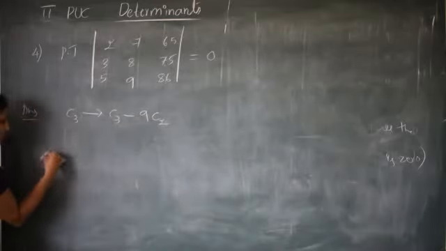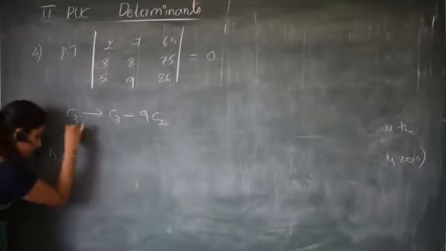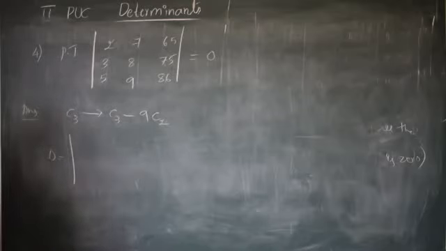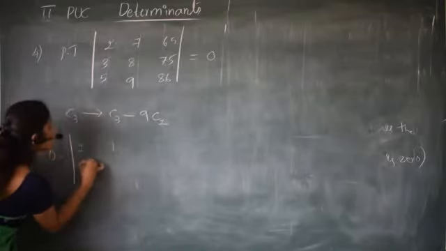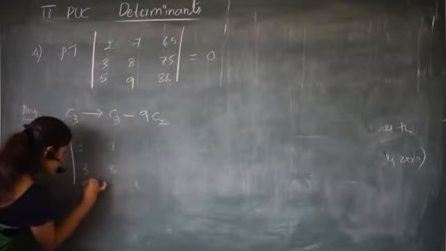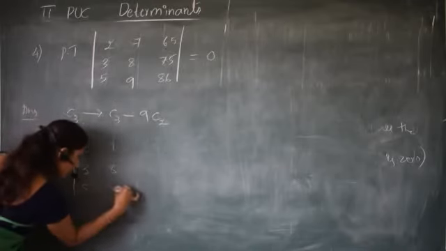Therefore, delta becomes: the first and second columns as they are, 2, 7, 3, 8, 5 and 9.